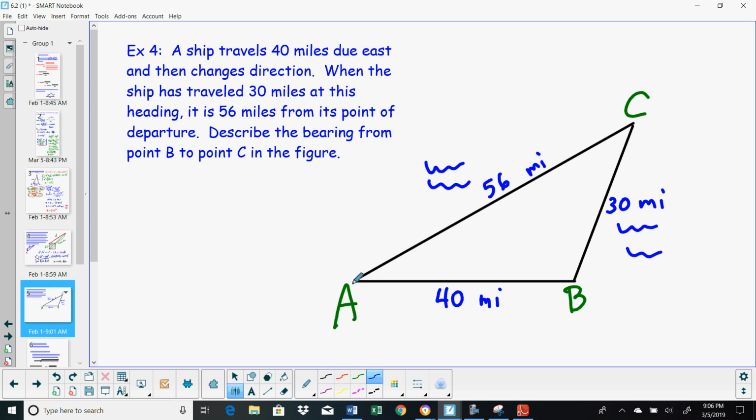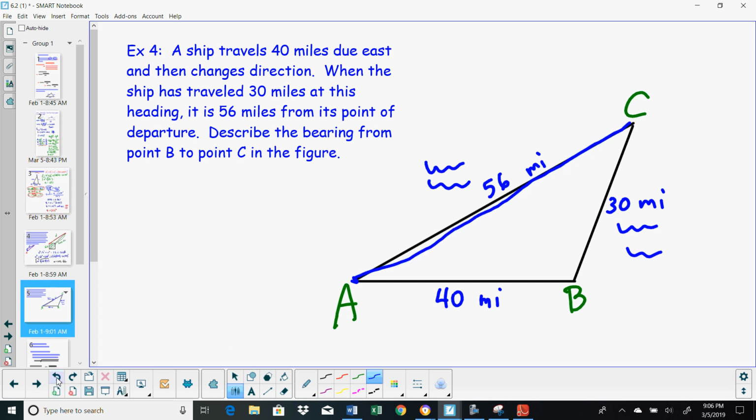The ship is starting off right here. It's going 40 miles due east. That was really sloppy, but you get the idea. And then it starts heading off in a different direction. We don't know what direction. It goes for 30 miles in that direction, and once it does that, it ends up being 56 miles from where it started.